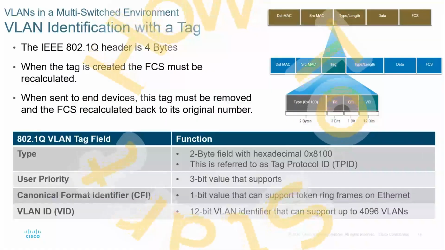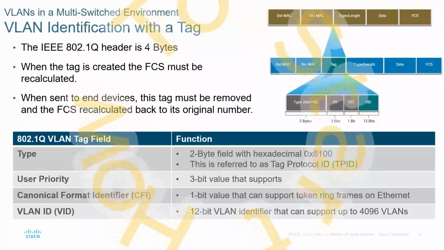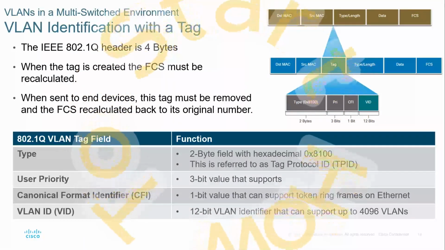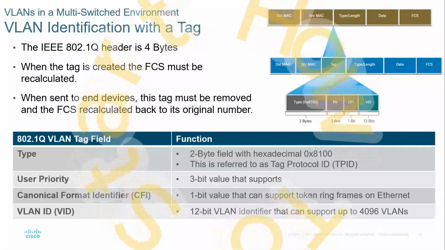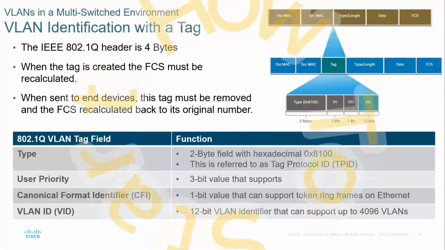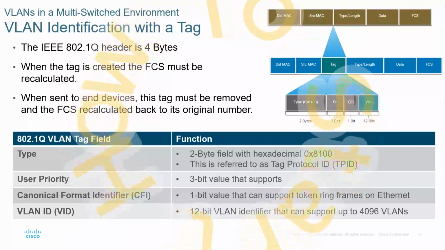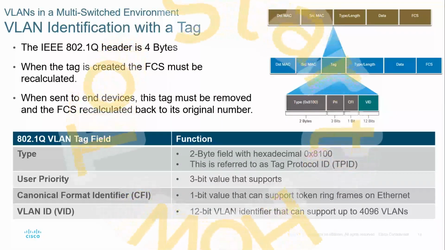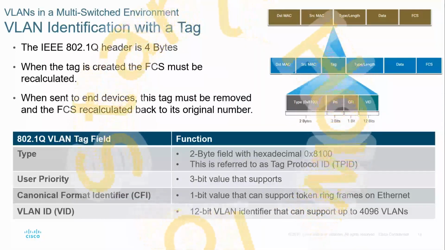In a frame, there is a tag section. The tag section has 4 bytes: 2 bytes for the type, 3 bits for the priority, 1 bit for a CFI, and 12 bits for the VID, the VLAN ID. So the type will be a 2-byte field filled with a hexadecimal number.